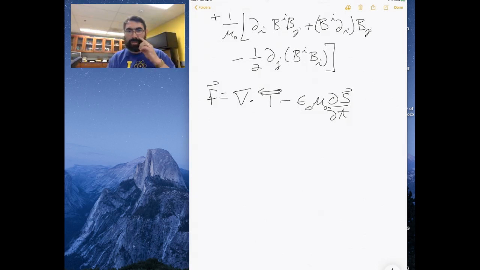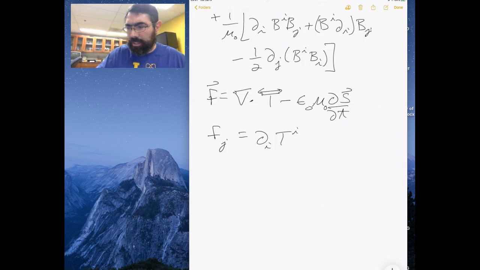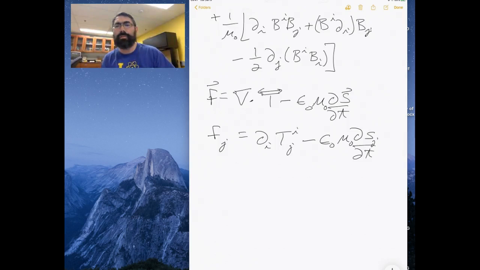Remember, I'm taking the divergence of my stress tensor, but the stress tensor has 2 dimensions. The divergence only sums up 1 dimension, so that gives us the other dimension for the force vector. If it's easier in index notation, then I would have Fj is del I Tij minus epsilon naught mu naught the time derivative of Sj.